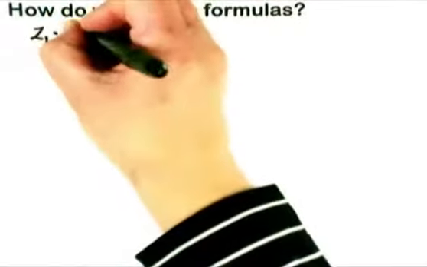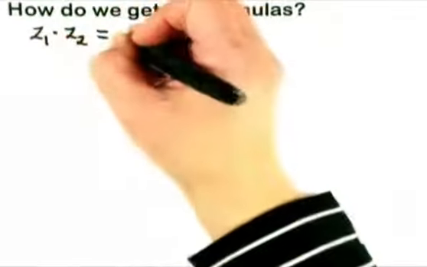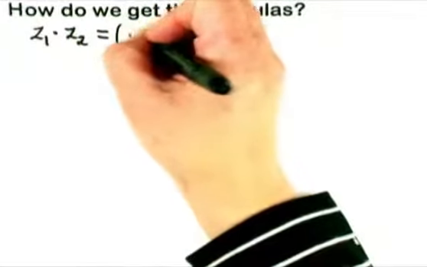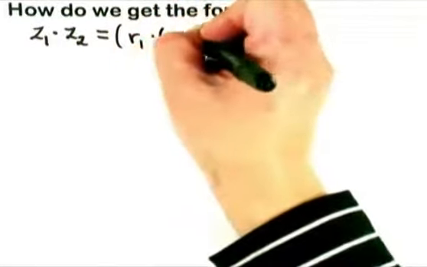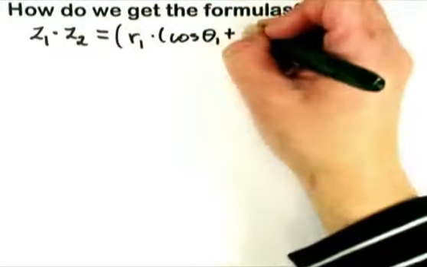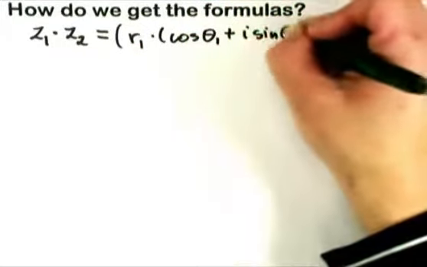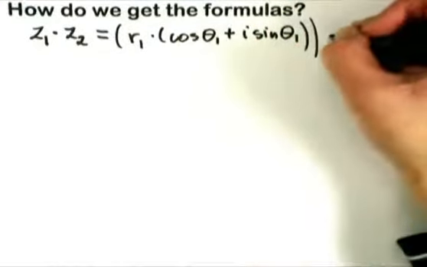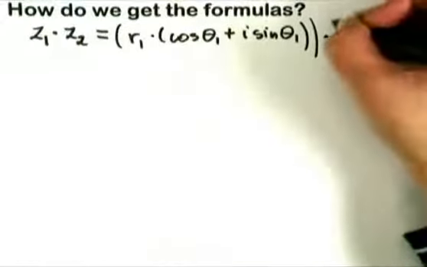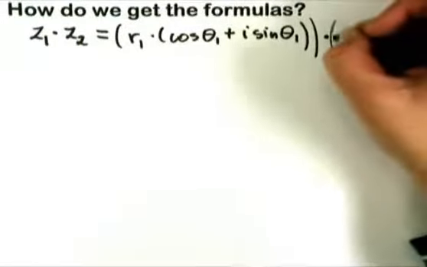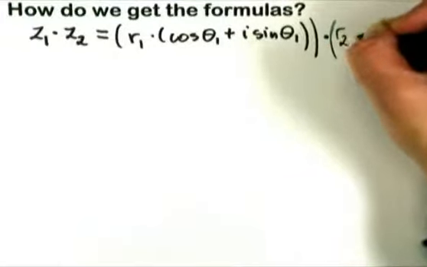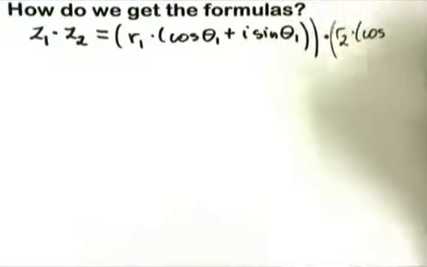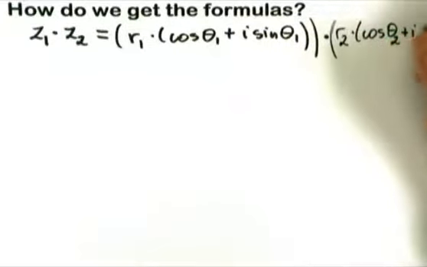So z1 times z2 is equal to r1 times (cos theta 1 plus i sine theta 1). That was my z1. Now I will multiply this by z2, which is r2 times (cos theta 2 plus i sine theta 2).